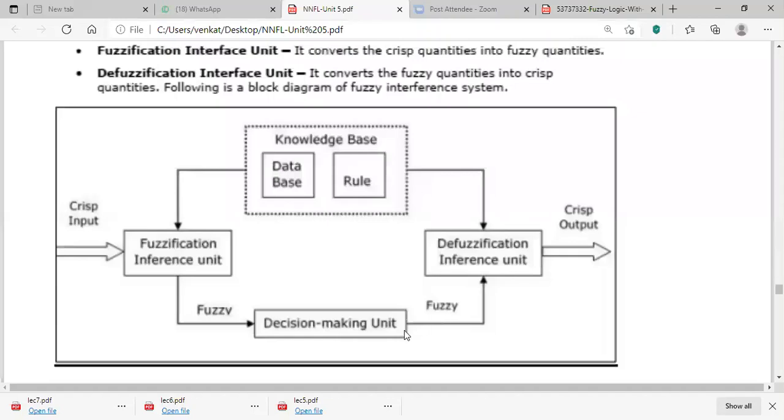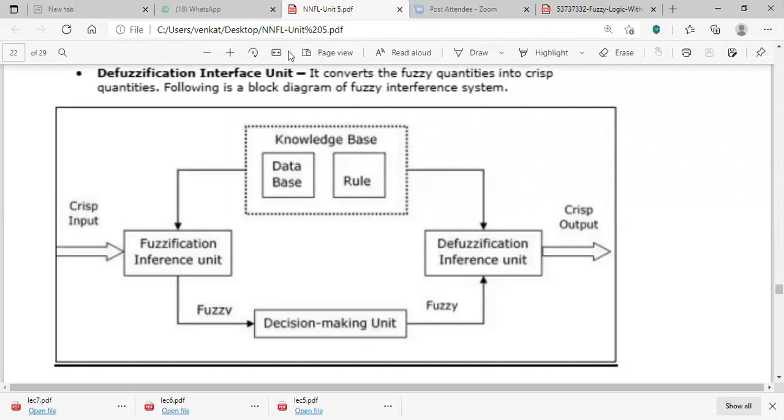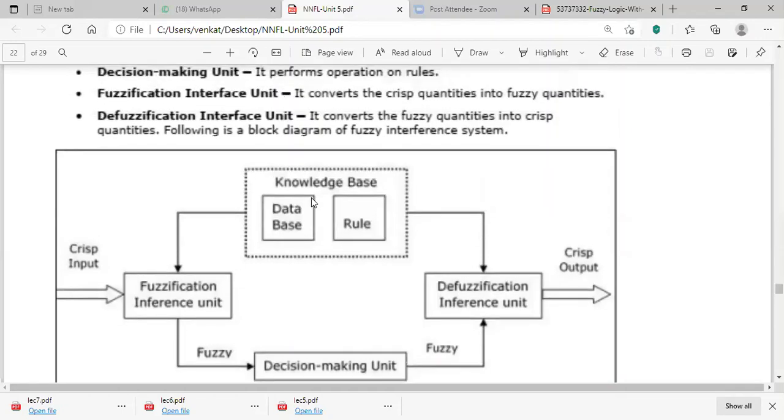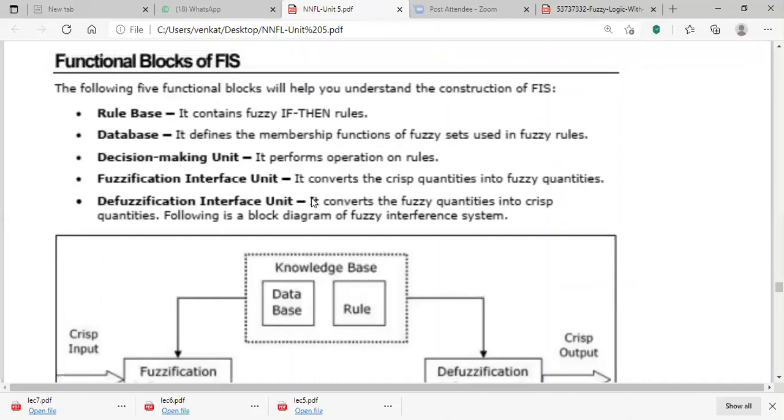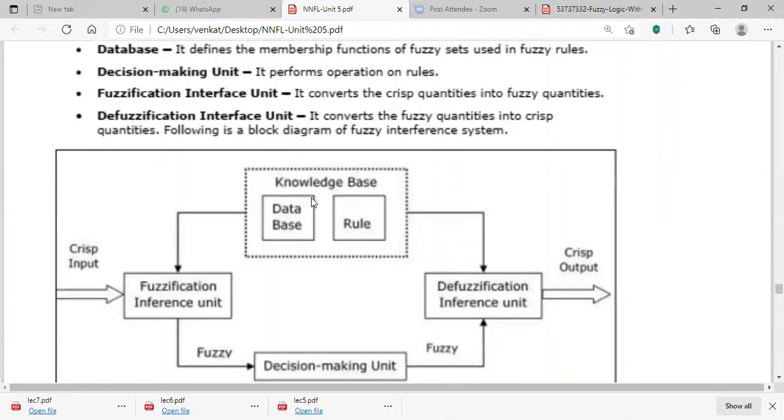Nothing but processing your signals. Finally, defuzzification, which will be used for converting fuzzy output signal to crisp output signal. Okay, so here the FIS has 5 major blocks: rule base, database, decision making unit, fuzzification interface unit, defuzzification interface unit.